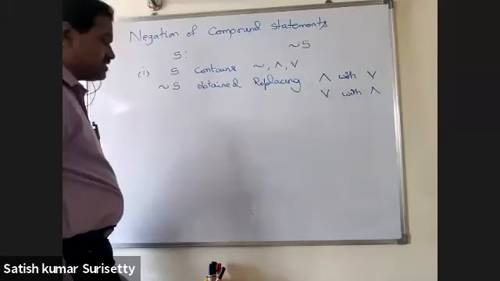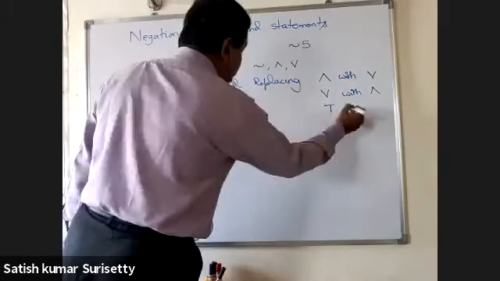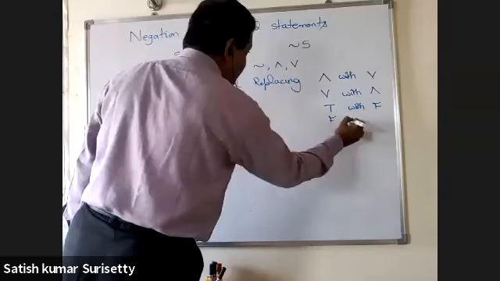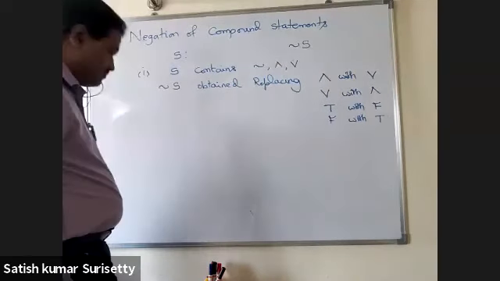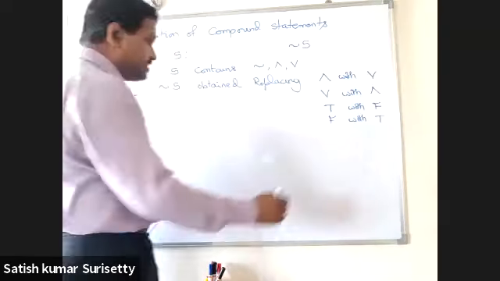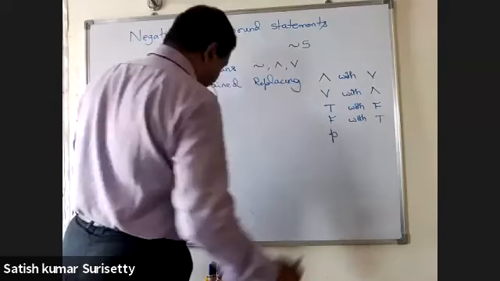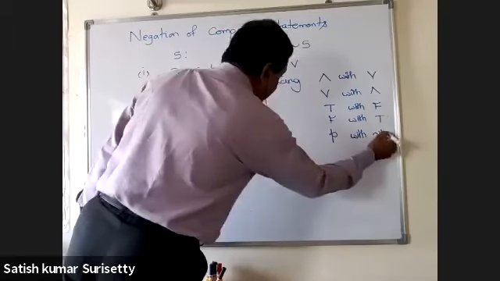That is basically you have to interchange true with false, false with true, and replace each statement P with its negation.